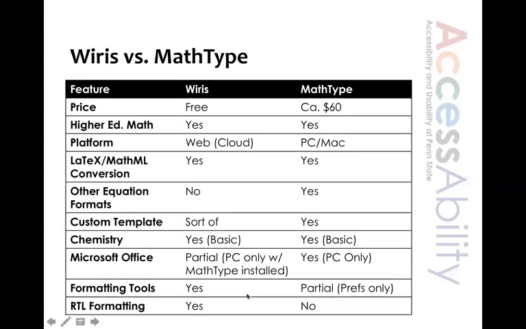I mentioned Microsoft Office. Formatting tools, so WIRIS has controls for whether you want things boldface or different colors that are easy to get to. You can do it in MathType also, but it's a little more indirect. You have to go into the preference panels. And the last one is right to left formatting. All right.